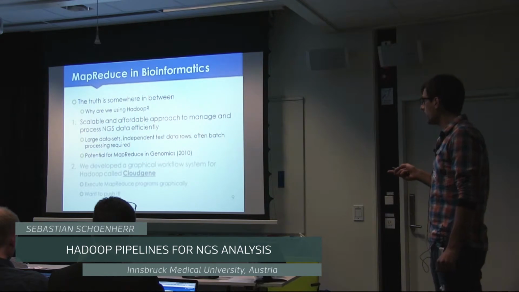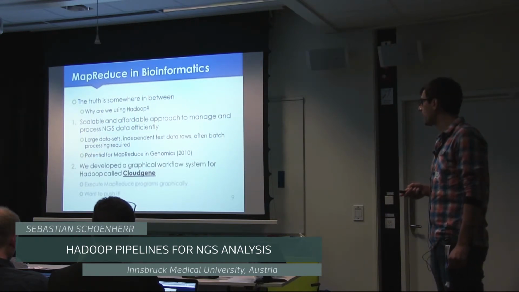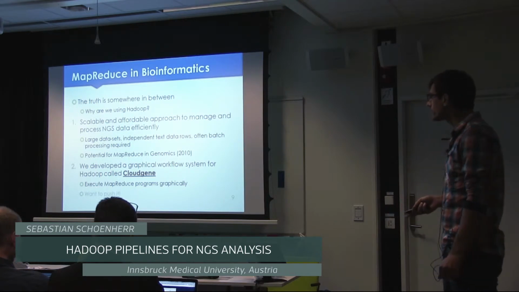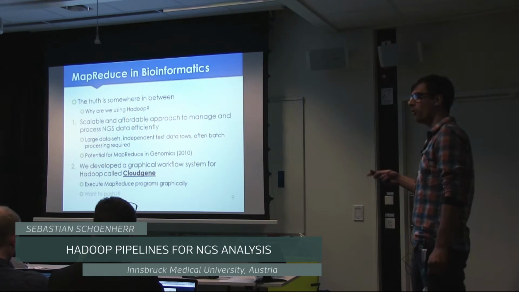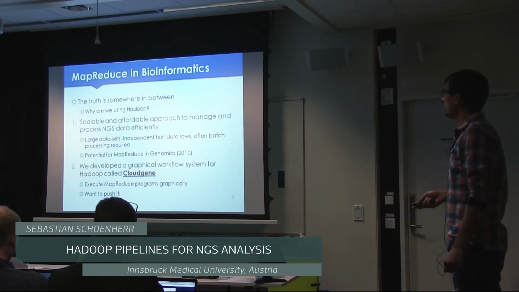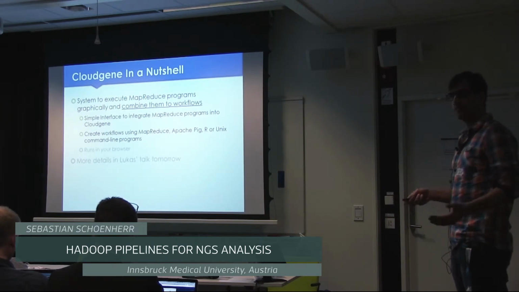Then we developed a graphical workflow system for Hadoop, called CloudGene. CloudGene allows us to execute MapReduce programs graphically, and of course, we want to push CloudGene, so we tried to implement more and more use cases based on Hadoop. As I said, CloudGene is a graphical workflow system.